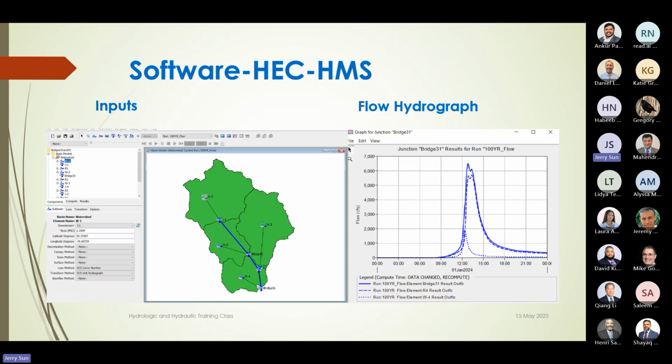But in other states, maybe HMS is more popular compared to TR20.